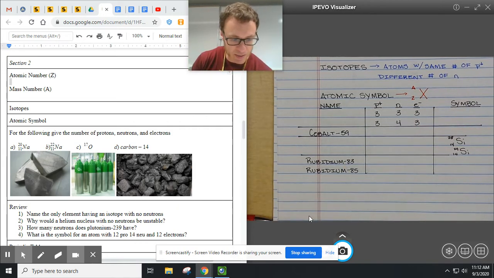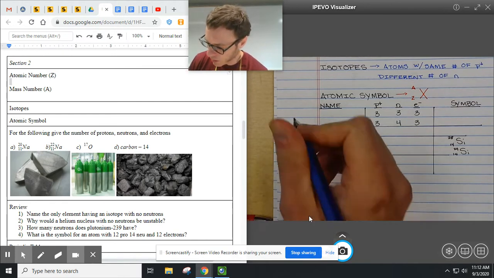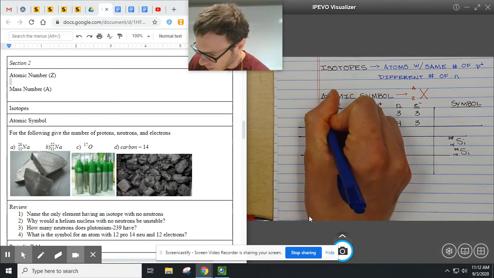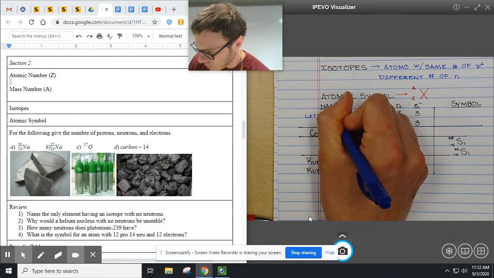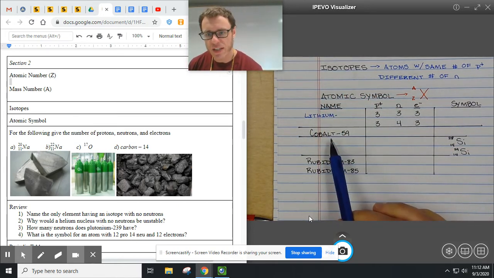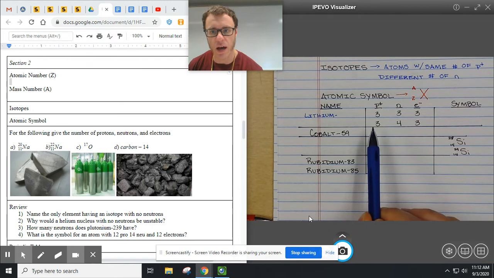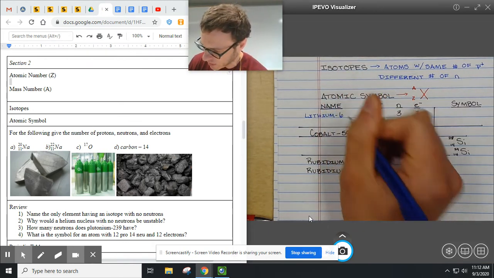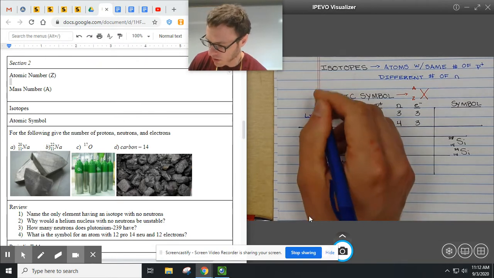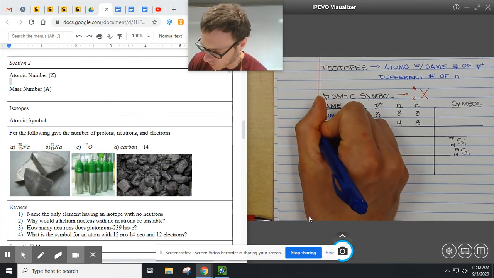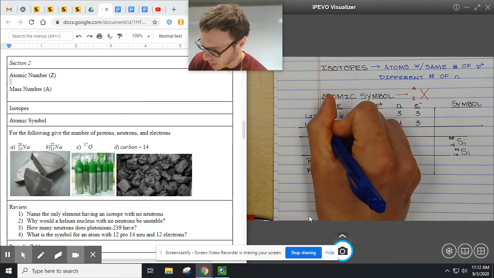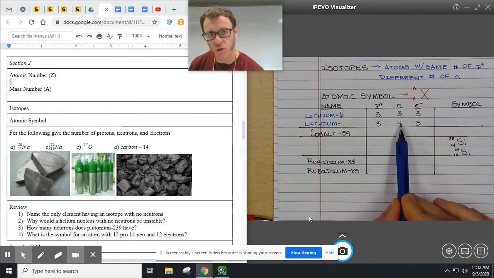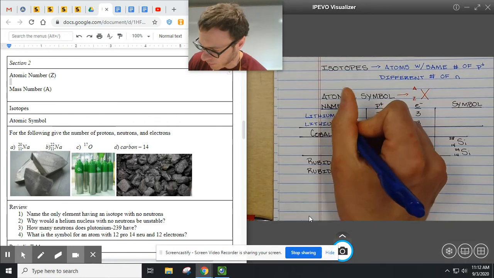If I look on my periodic table, number 3 is lithium. Then we're going to have a dash, and this number here is going to be the mass number, so it's protons plus neutrons. That's lithium-6. Here, the number of protons is still 3, so I know that's lithium. But in this case, there are 4 neutrons, so 3 plus 4 gives us 7.